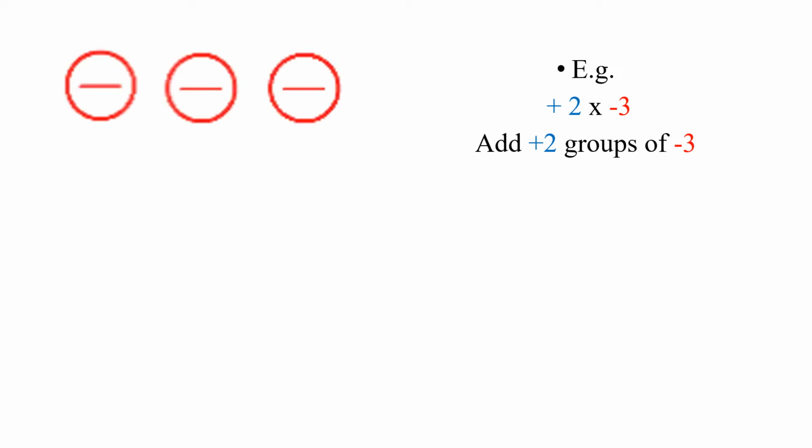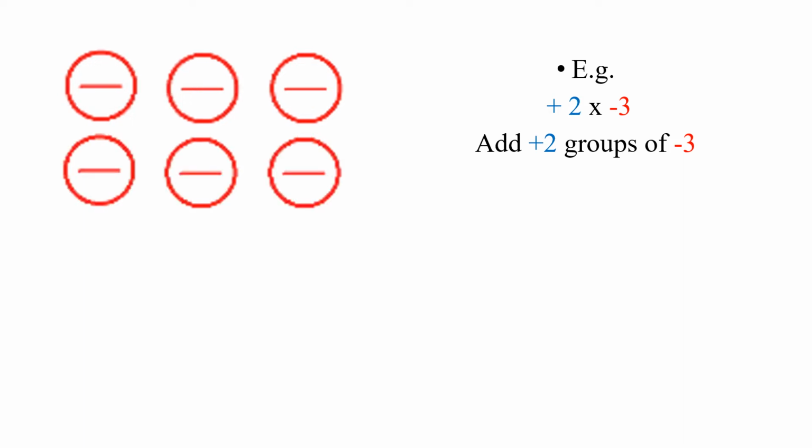So we have one group of negative 3 there, and a second group of negative 3. So how many do we have all together now? So what's the total there? How many negatives do we have? In total, we have negative 6.